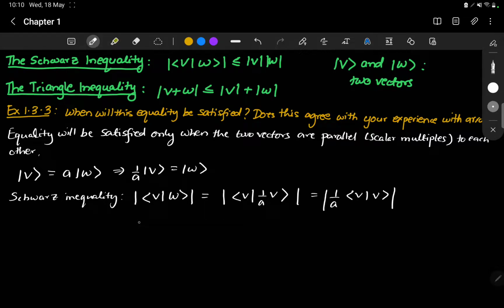The right hand side asks us to find out the product of the individual magnitudes.